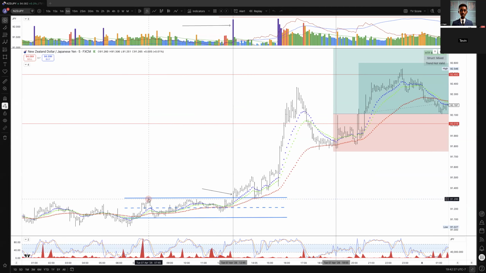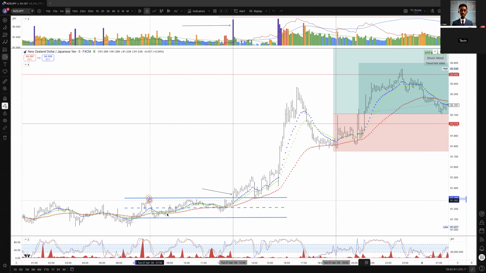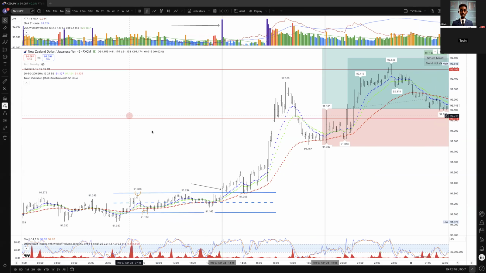Well, you can see at 91,300 and 91,115 are the highs and lows that they chose to use for these prices. I want you guys to see this price here and this price here. I can even turn on the pivots. I'm not sure how many pivots they're going to have. All right, perfect. Not so many pivots.